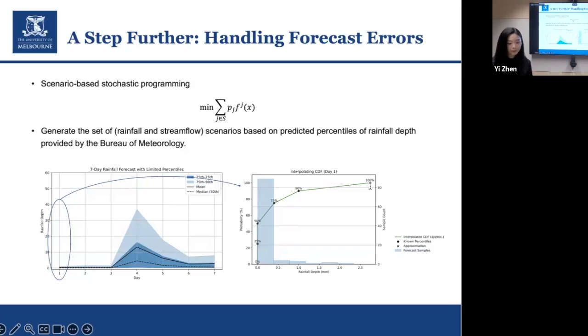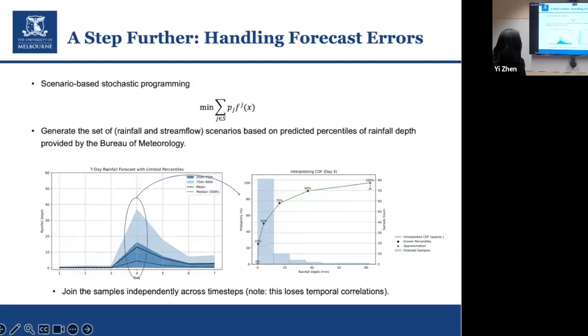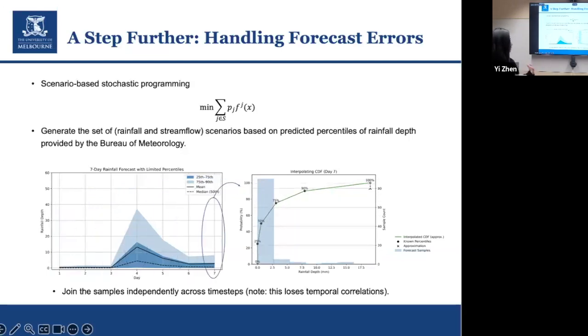So for each day, we interpolate these values to approximate the rainfall distribution for the day, and we generate 100 samples for it. And we repeat this for each of the 7 days and join the samples independently across the time dimension to obtain a set of 7-day rainfall samples. We are aware that when we generate the rainfall samples this way, independently drawn from each day's distribution, we lose the temporal correlations in the rainfall.